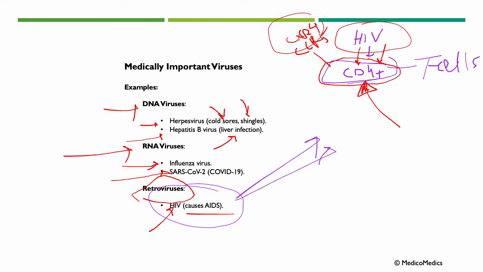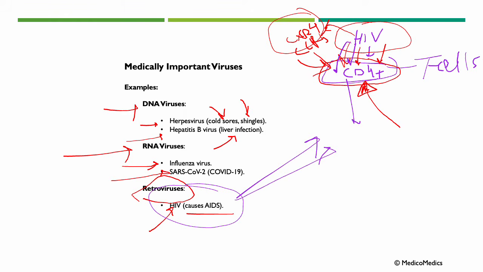Now, these are co-receptors on this T helper cell. So the HIV binds to these. And when it does that, it then fuses with the cell membrane and releases its RNA into the host cell. So we talked about the first part, which was attachment and then entry. So it fuses and releases its RNA into the host cell.